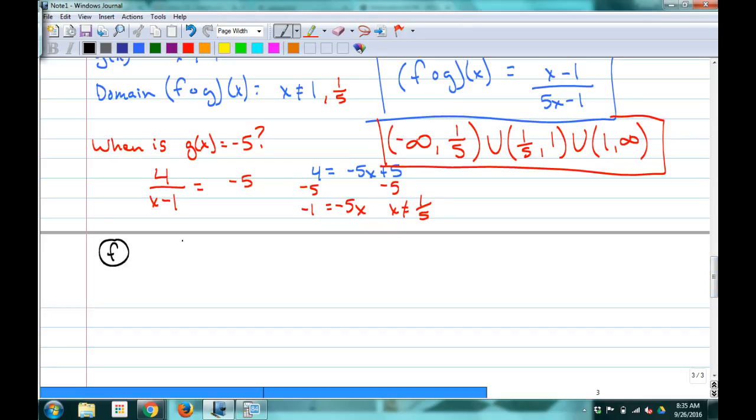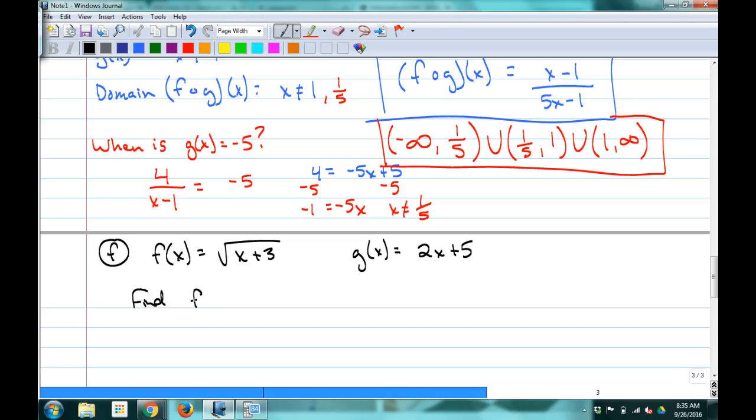Let's say we had f of x is equal to the square root of x plus 3, and then g of x is equal to 2x plus 5, just plain old 2x plus 5. All right, so let's find the composition.